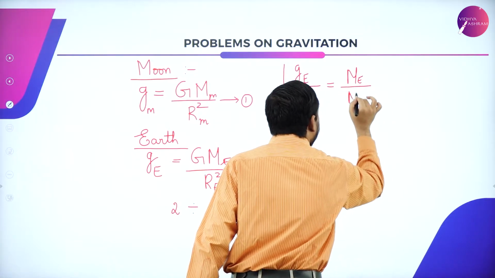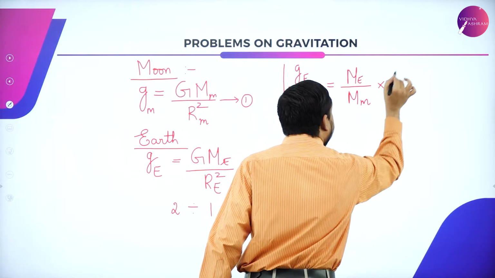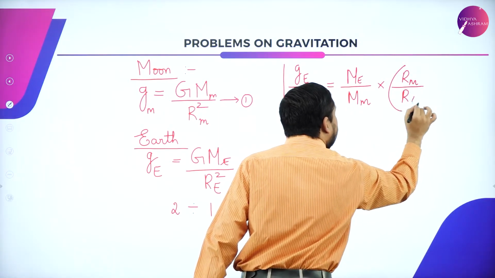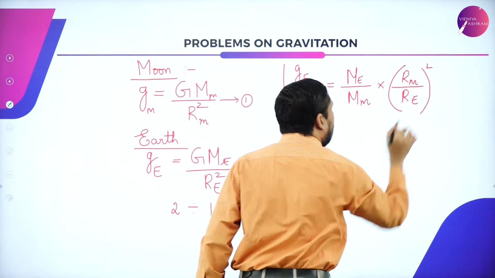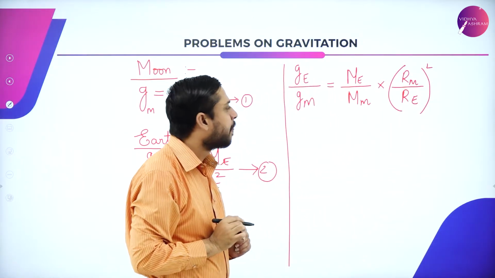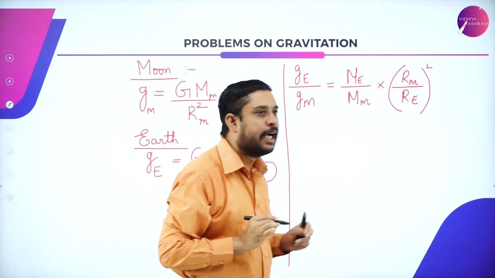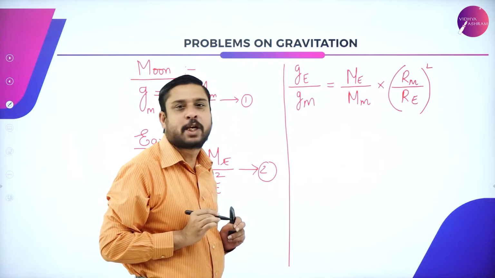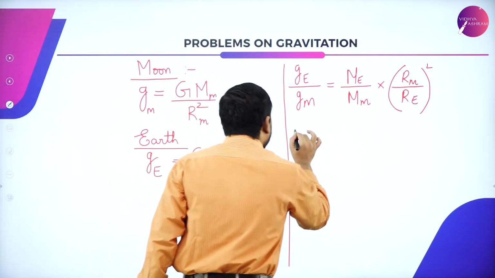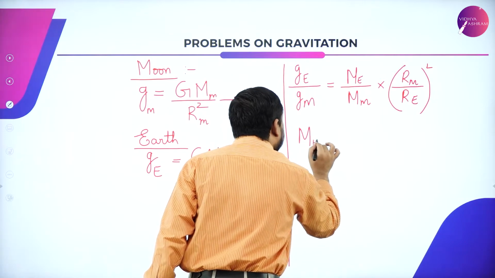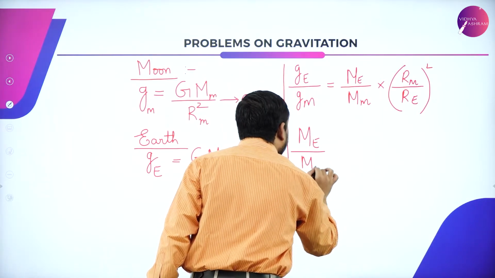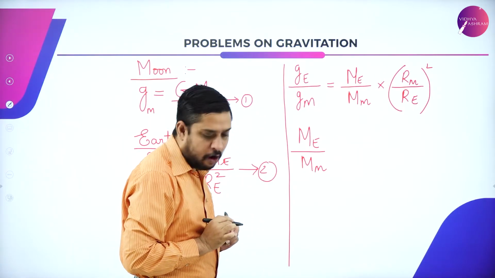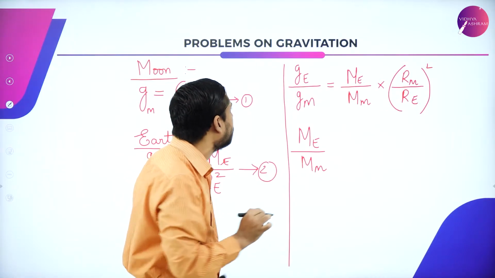ME by mass of the moon into radius of the moon divided by radius of the earth whole square. It gets reciprocal because we are dividing equation 2 by equation 1. Or mass of the earth divided by mass of the moon. That is what we are expected to calculate.